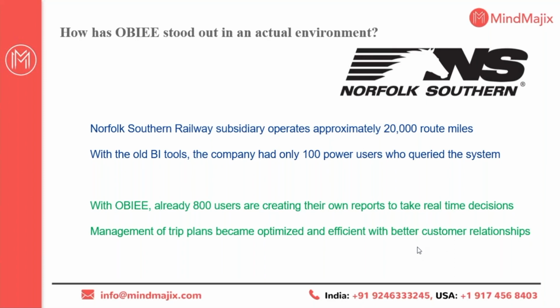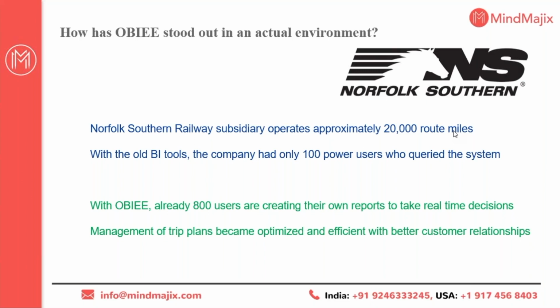With that, not only has it been able to upscale its IT as well as BI infrastructure, but it has been able to focus more on customer relationships. It has been able to do much more decision making in less time.